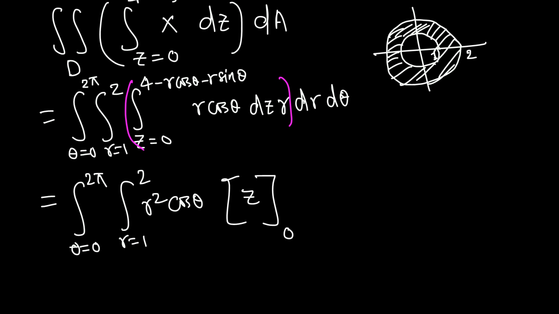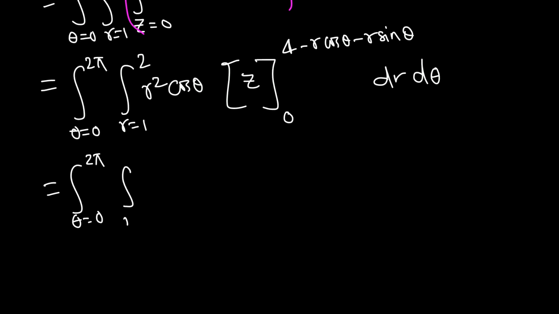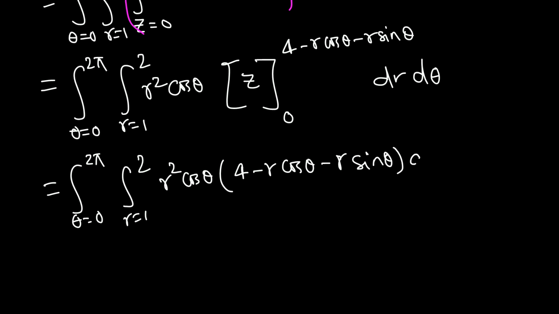So 0, upper bound is 4 minus r cosine theta minus r sine theta, and we have outside dr d theta. Theta from 0 to 2 pi, r from 1 to 2, and upper limit minus lower limit, z equals this whole chunk minus 0, just that.